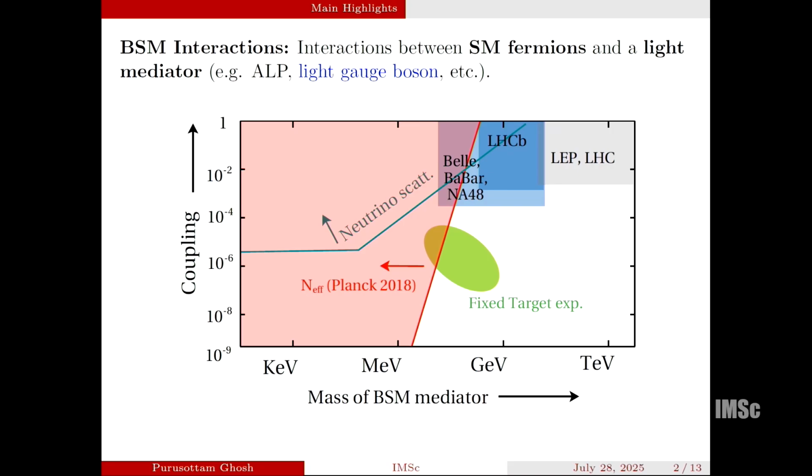Our objective here is to identify the region of parameter space where the cosmological observation, I am talking about the N effective coming from the Planck data, puts a stringent constraint.